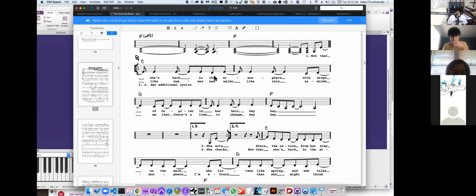Then it goes down to this D and then back up to this E. It looks like a V, right? A non-chord tone here, unless we're considering this as a jazz chord, which we're not. It's just a neighbor tone, right? So we have a neighbor tone, then a chord tone.